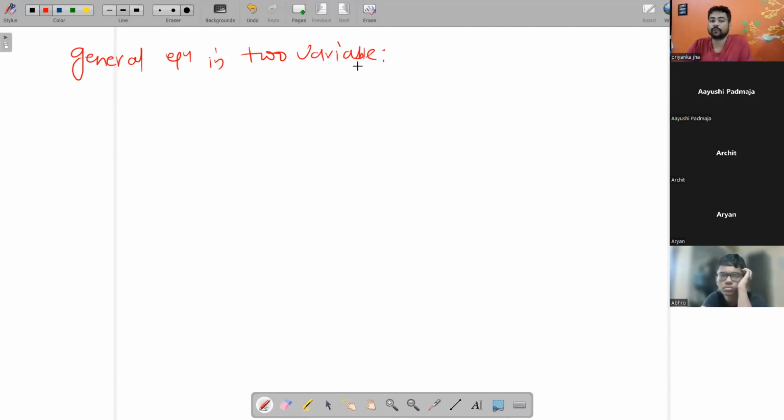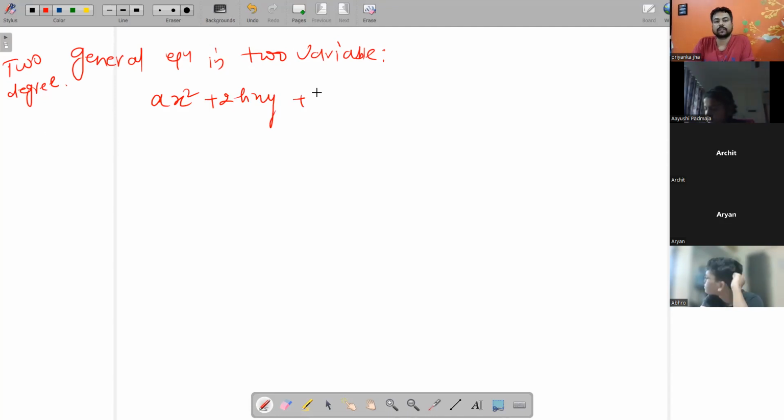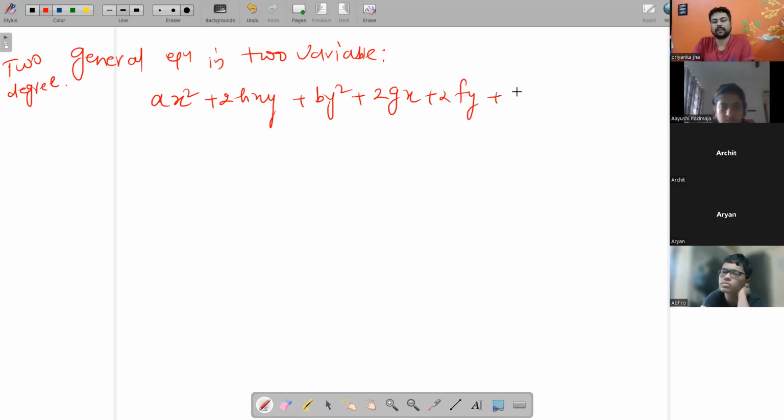So the 2 degree general equation in two variable is given as ax squared plus 2hxy plus by squared plus 2gx plus 2fy plus c equal to 0. This is called 2 degree general equation in two variable.